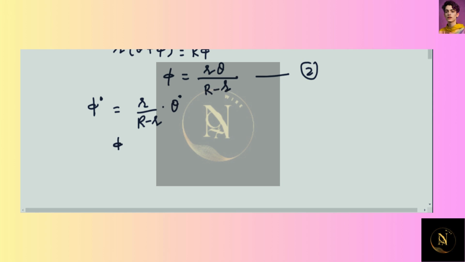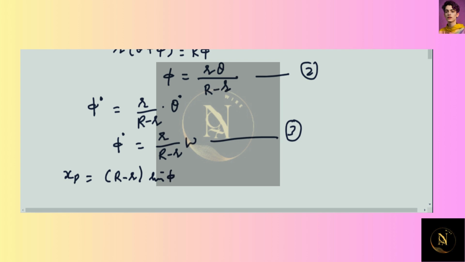So you may write phi dot to be (R minus r) omega upon r. Now the x coordinate of point P can be written as (R minus r) sin of phi minus r sin theta. You have to purely use the geometry.